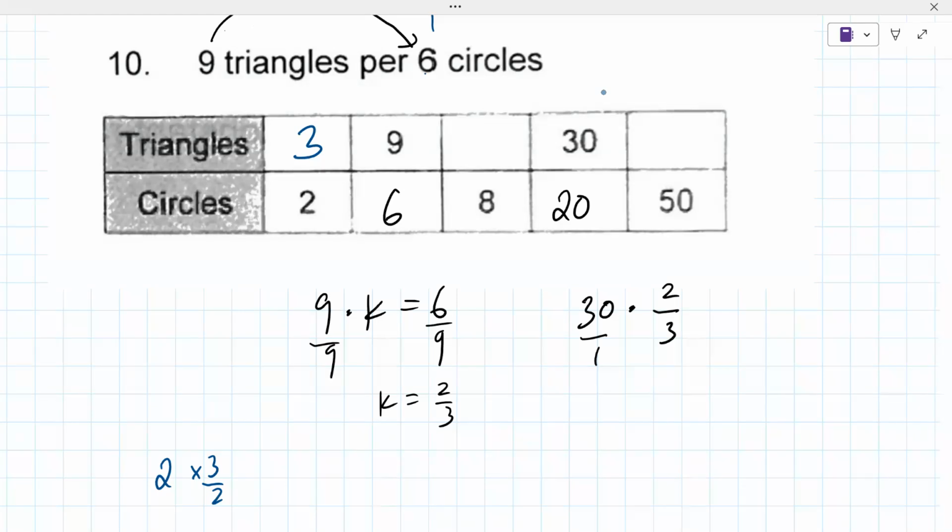Yeah. 12. Good. $75. Very good. All right, you got them all.